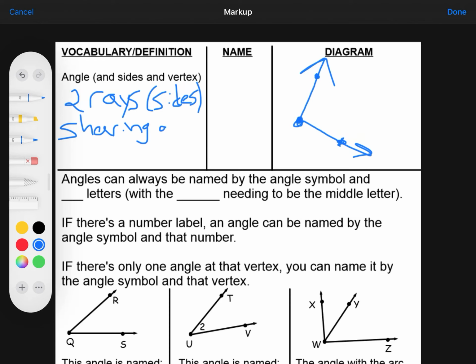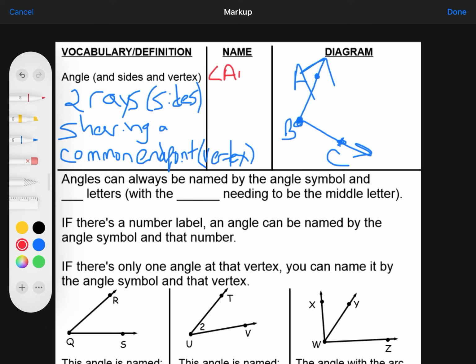And they're sharing a common endpoint. And that common endpoint is called the vertex. We usually put letters to them here. So I'll put letter A, letter B, letter C. And this is angle ABC. We'll talk about that more in a moment.